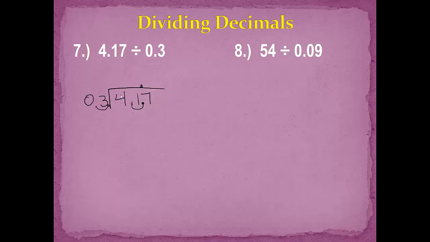3 goes into 4 one time. 1 times 3 is 3. Going to subtract and I get 1. Now I'm going to bring down my 1. And 3 goes into 11 3 times. 3 times 3 is 9. I will subtract, and 11 minus 9 is 2.